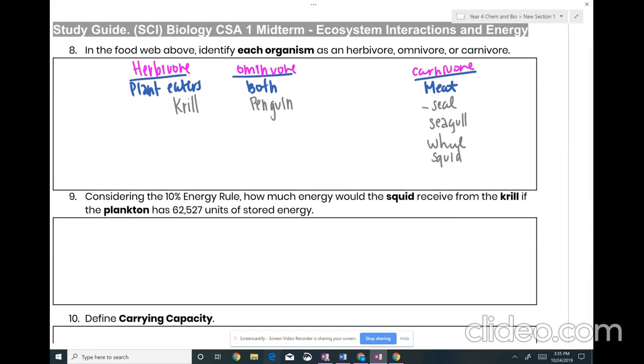Okay. So next one, it says, considering the 10% rule, how much energy would the squid receive from the krill if the plankton has 62,527 units of stored energy?